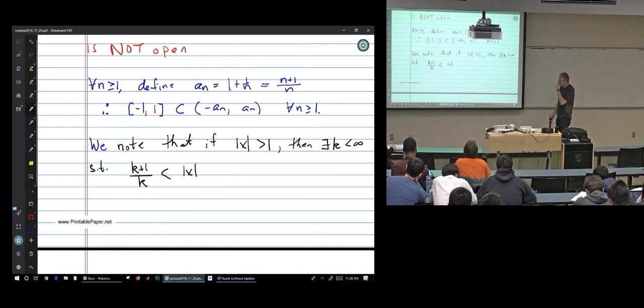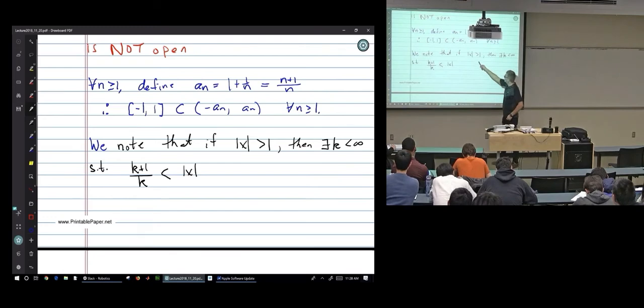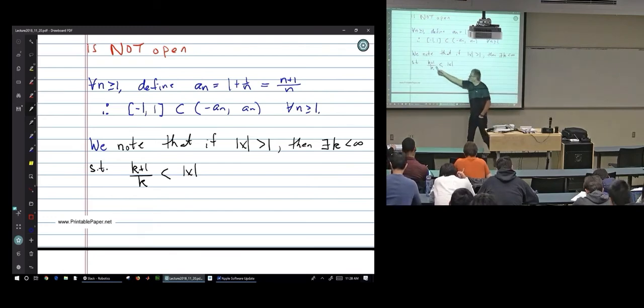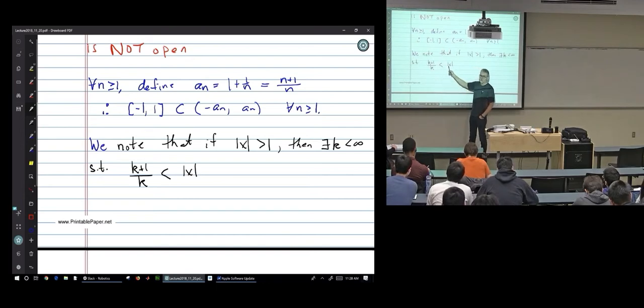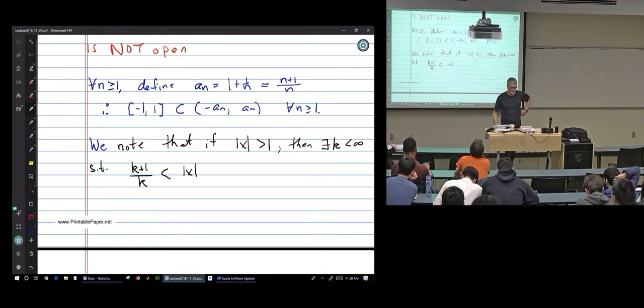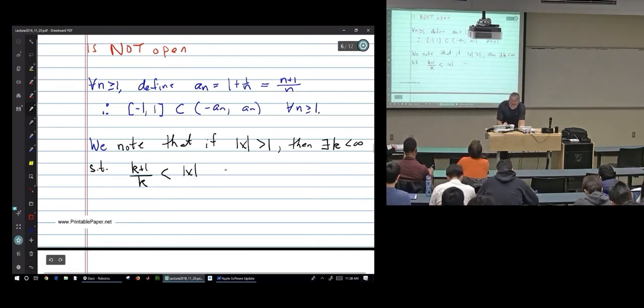Everybody good with that? If x is 1.01, take k to be a million, then 1,000,001 over 1,000,000 is strictly less than 1.01, okay? So I can always exclude it. So if x is in here, that implies x is not in (-a_k, a_k).